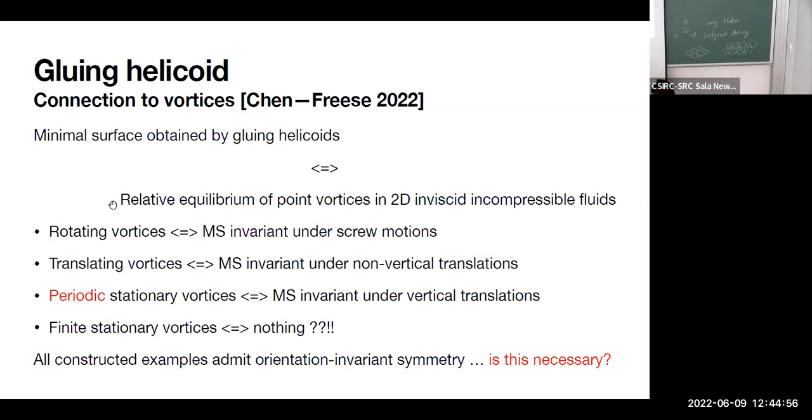I'll give you pictures. And another annoying thing is that all the constructed examples admit an orientation reversing symmetry. Because of the helicoid, you have a translation that reverses the symmetry. Actually, I was working in parallel with this student, Daniel Freese, and I didn't assume this symmetry.